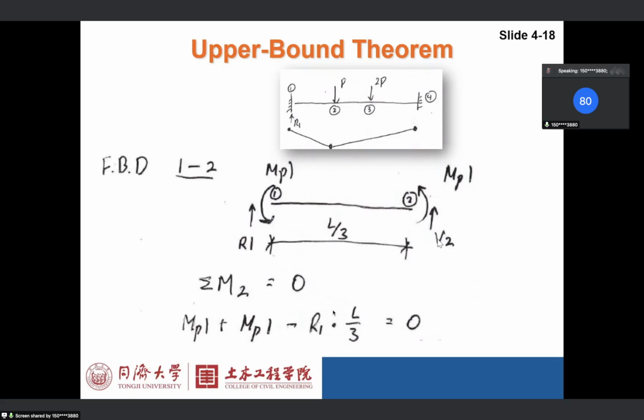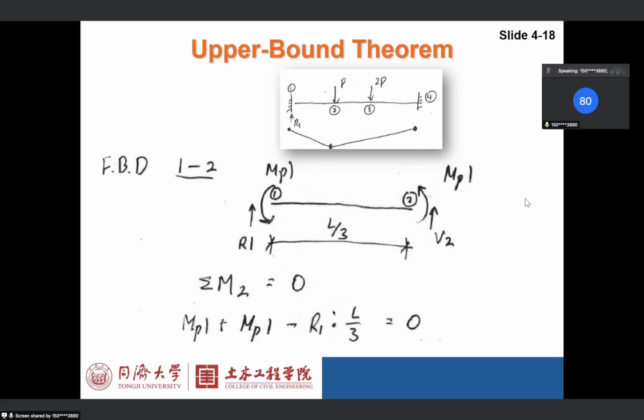We have a shear force here, but it doesn't matter because it will be cancelled out if we choose this point as a turning point. Anyway, V2 is unknown. And we have another bending moment here, a plastic hinge, so it's MPL again.